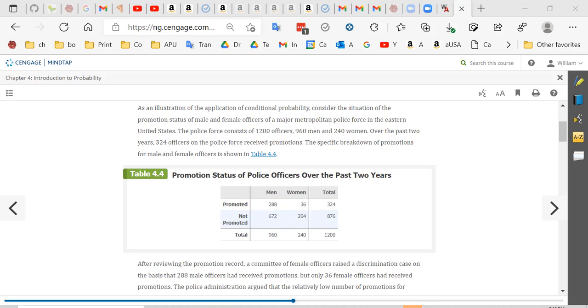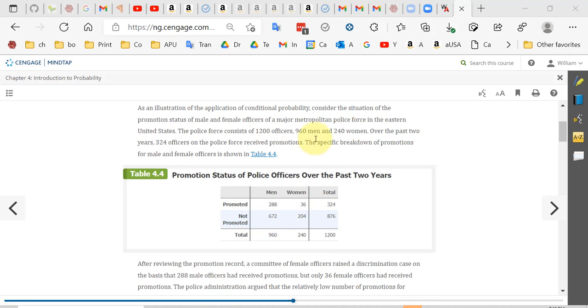And we can ask how many men are there in this group, and you just take this number plus this number, and you get this. So apparently there's 960 men in the group. And how many women are there in the group? You add this and this, and you get 240. So there are that many women. And how many people are there in the group altogether?